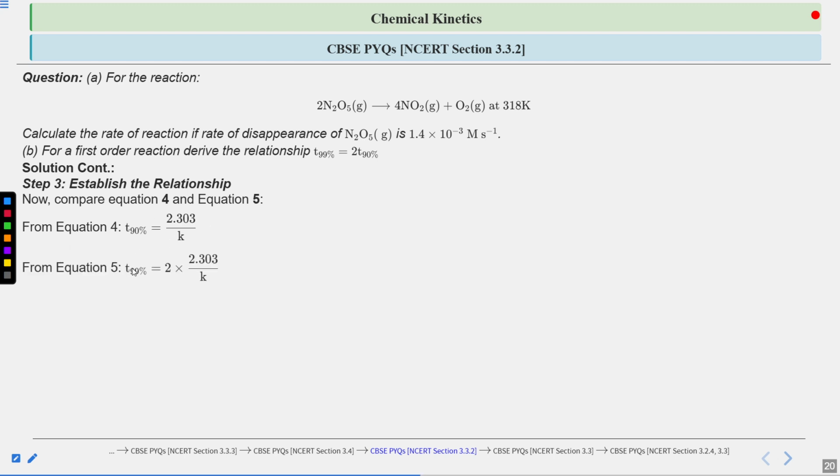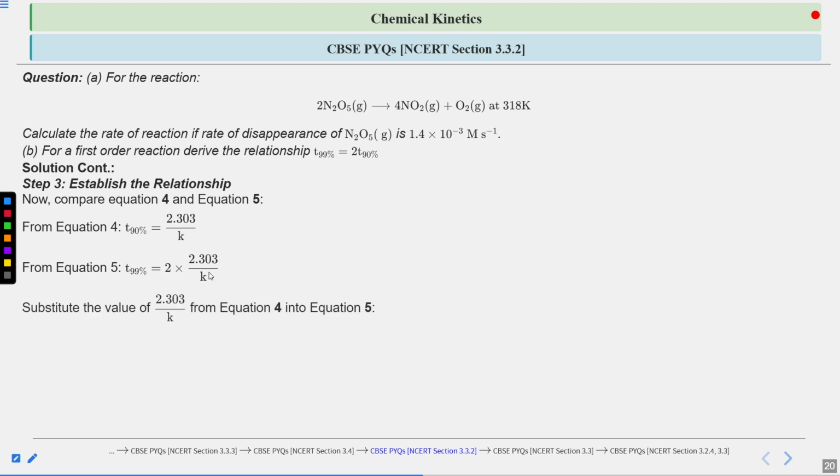And from equation 5, t at 99% is equal to 2 times 2.303 by k. So t at 90% means 90% of our reaction has been completed. T of 99% means the time at which 99% of the reaction is already completed.